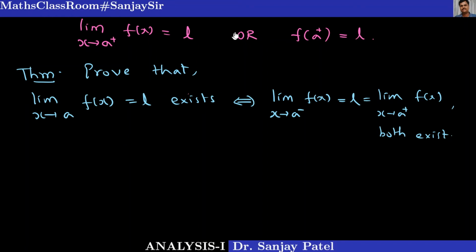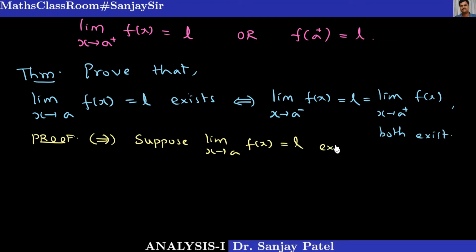Let us prove it. The proof of one part is very simple. You must have understood by now that the first part is obvious. So suppose limit x tends to a f(x) is equal to L exists. This is given to us, and in this case we want to prove that both left limit and right limit exist, which is very simple.